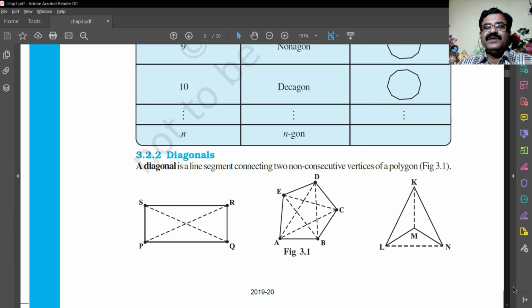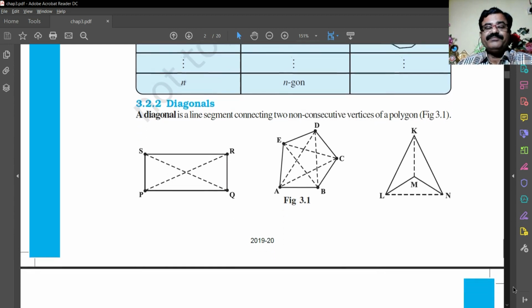Non-consecutive means the vertices which are not near. Consecutive are those vertices which are near to each other, close to each other, that is, one after another. This is called consecutive vertices. While non-consecutive vertices are those which are not very close to each other.